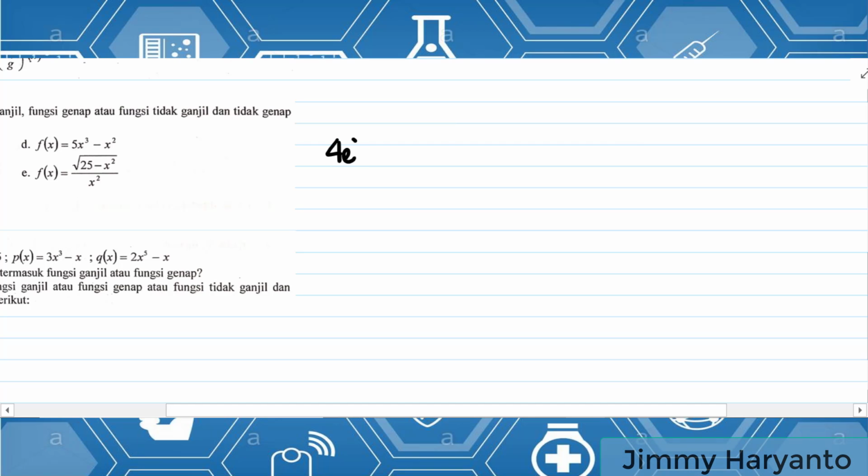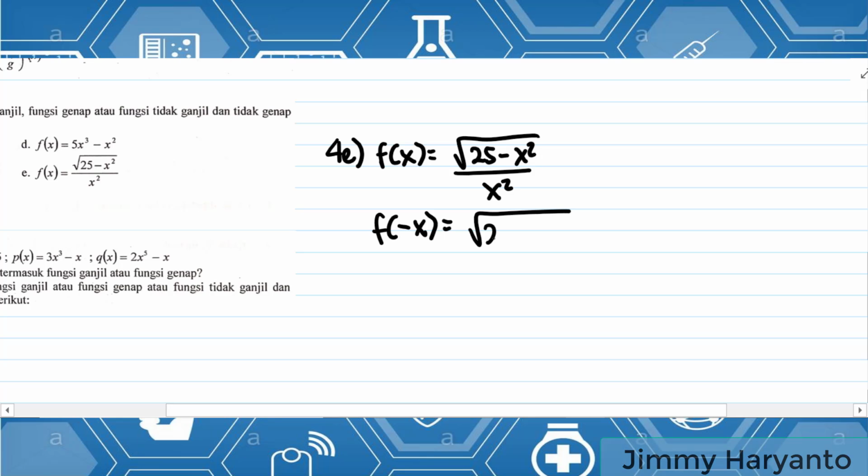Next is for E. For E, f(x) equals the square root of 25 minus x squared, over x squared. First, we have to find f(negative x). The result will be the square root of 25 minus negative x squared, over negative x squared. So the result will be the square root of 25 minus x squared over x squared.